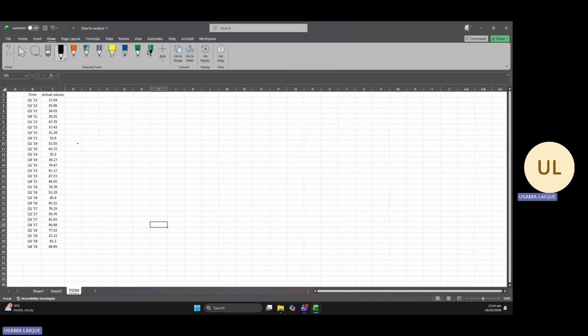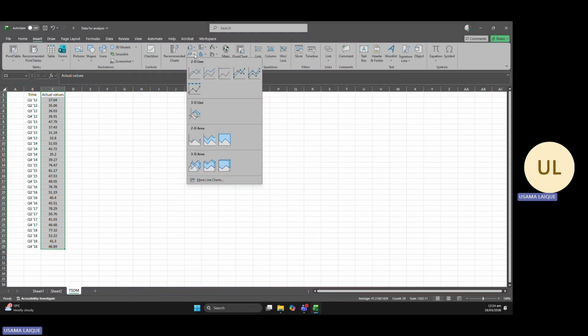Let's plot this data and you'll know exactly what I mean. This data is from quarter 1 2012 till quarter 4 2018, and we are supposed to apply the time series decomposition model. So let's plot that.